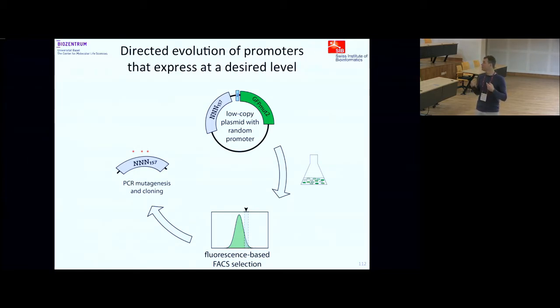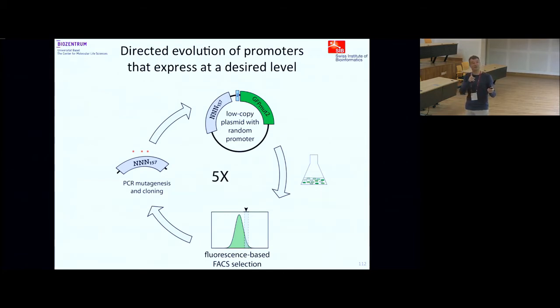And then we do error-prone PCR amplification. So we amplify them, but with an error rate where we expect on average 1 mutation per 100 base pairs. Then we put those onto fresh plasmids, and we put them into fresh cells, and then we go 5 times around the loop like this. So we evolve promoters for some particular expression level like this.